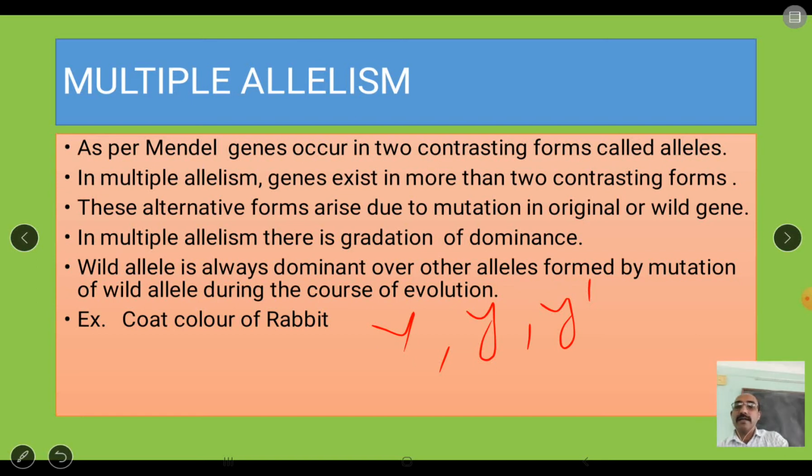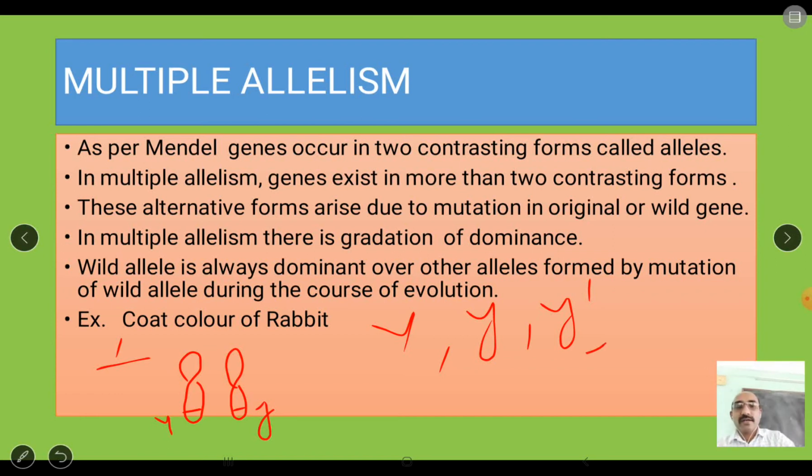First, in individual 1, let these be homologous chromosomes. If the locus is capital Y, the locus of capital Y is this one, then let it be small y, its allele will be here.